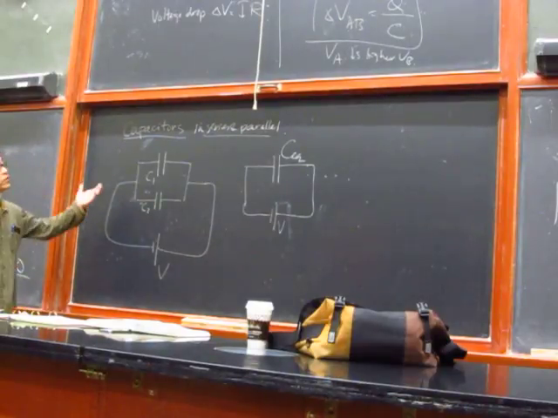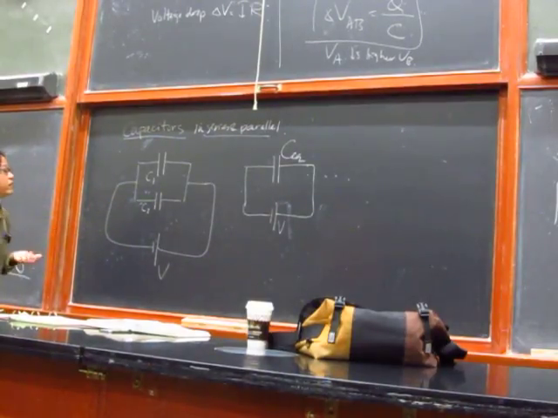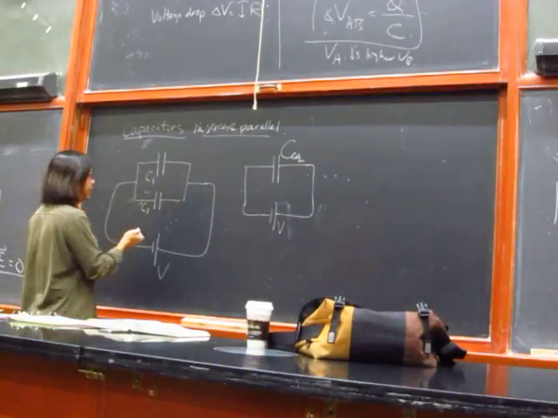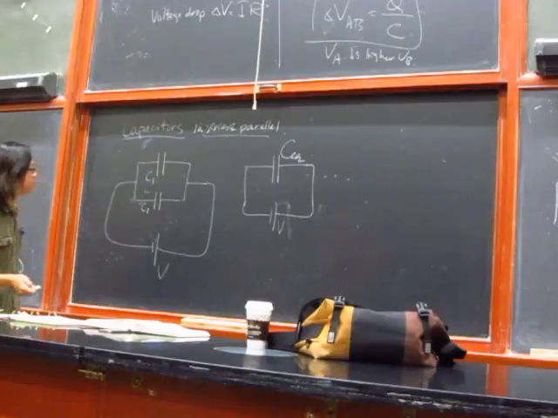So you do the same thing here. You use Kirchhoff's law. In this case, it's actually much simpler. I don't have to worry so much about current here; there are no resistors.